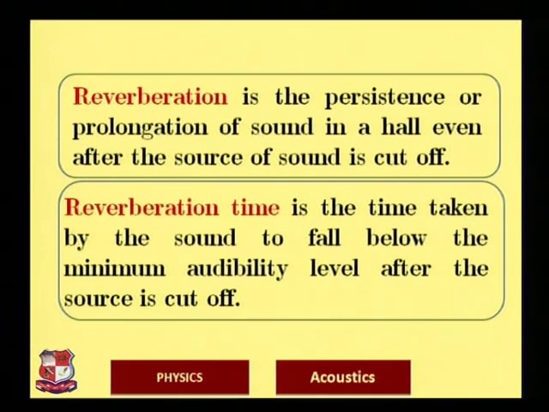Reverberation time is the time taken by the sound to fall below the minimum audibility level after the source is cut off. This reverberation time plays a very vital role in the acoustics of a building, right? It should be optimum enough. It is the time for which the sound exists in a particular room.